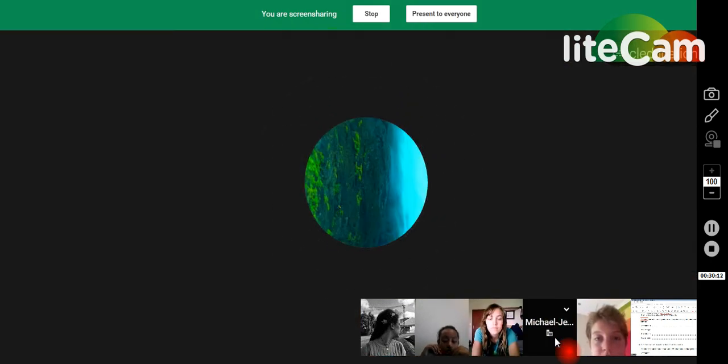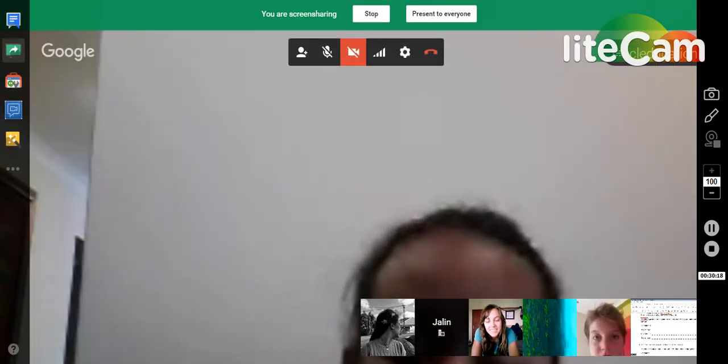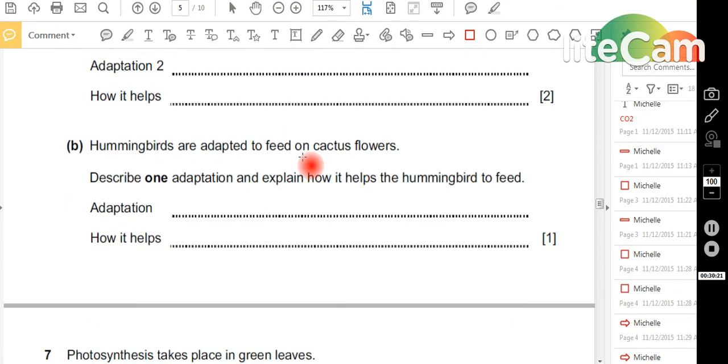Anything else from you guys or any questions? Okay. The hummingbirds are adapted to feed on this cactus's flowers. Describe one adaptation and explain how it helps the hummingbird to feed.